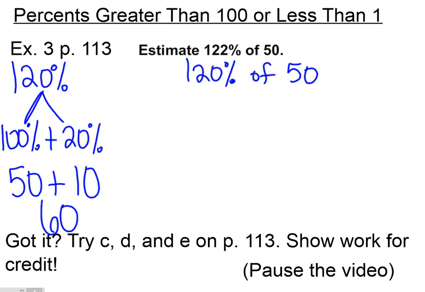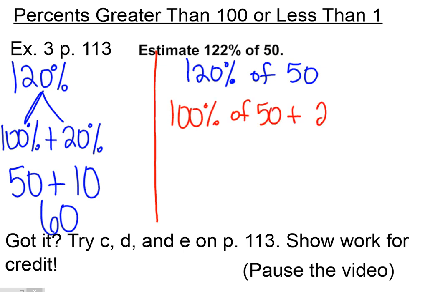So if you think about it, 120% is more than 100, so our answer should be more than 50, which it is. I'm going to show you a second way, and this is how the book shows you. For method 2, let's check to see if we get the same answer. 100% of 50 plus the additional 20% of 50.